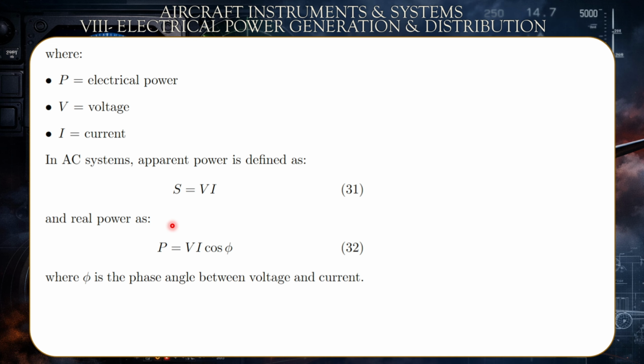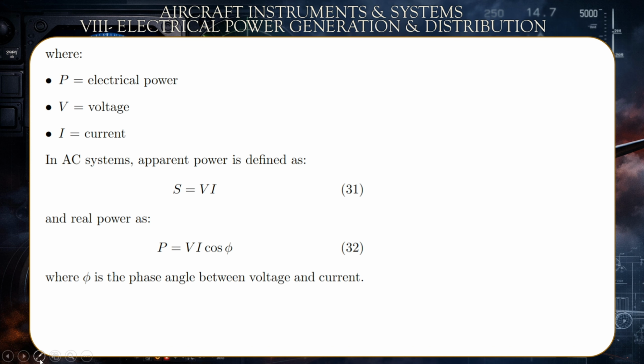But real power, since you have a changing frequency, would be given by P equals VI times cosine phi, where phi is the phase angle between voltage and current. Okay, so phi is not the frequency. Notice that and pay attention to the fact that phi is actually the phase angle between voltage and current.